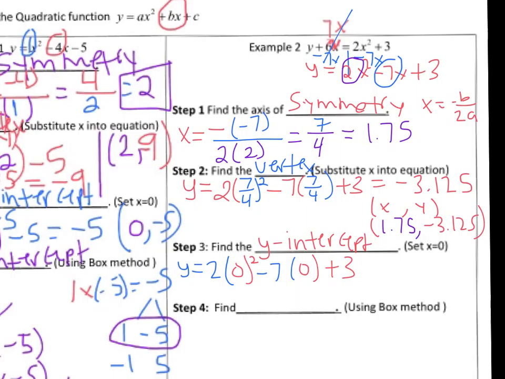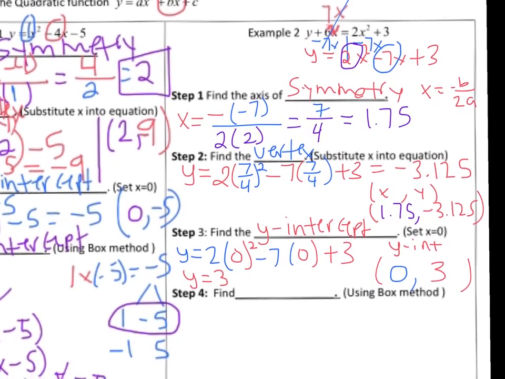When you simplify that, y is equal to 3. So your y-intercept also has an x and y value, a coordinate as well. Our x value is 0 because that's what we substituted in, and our y value is 3, which is what we got out.